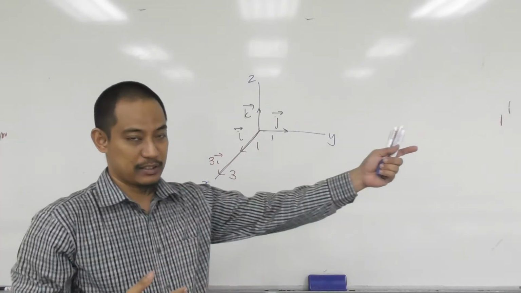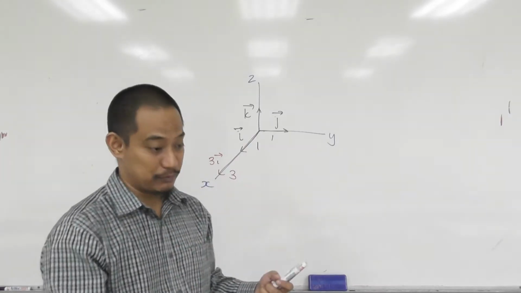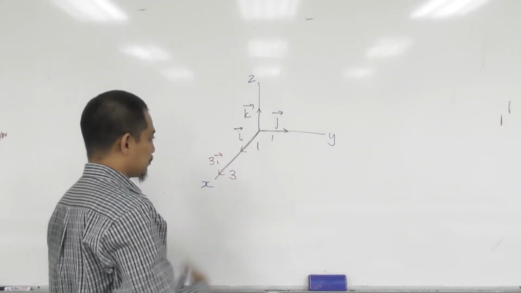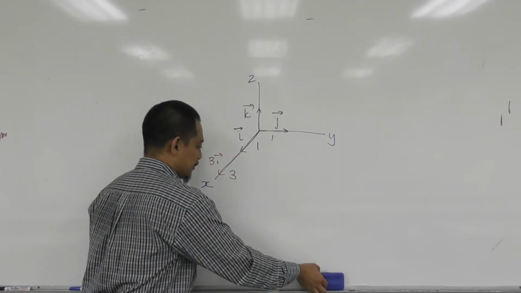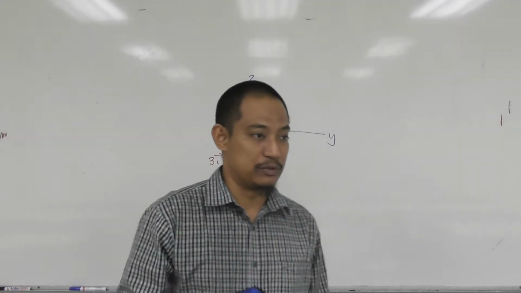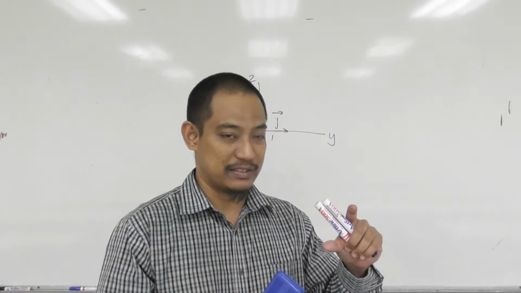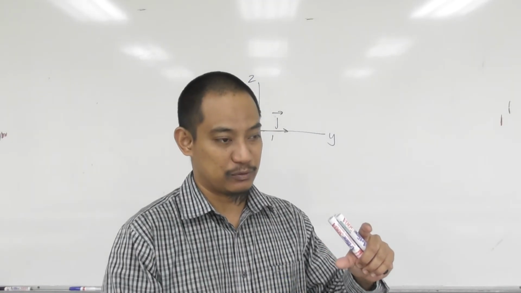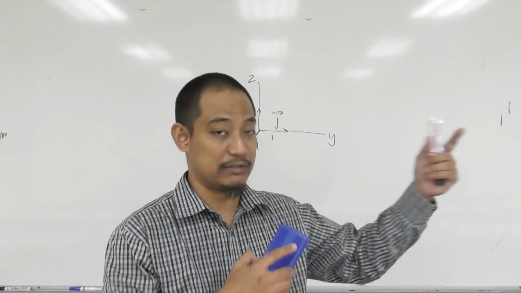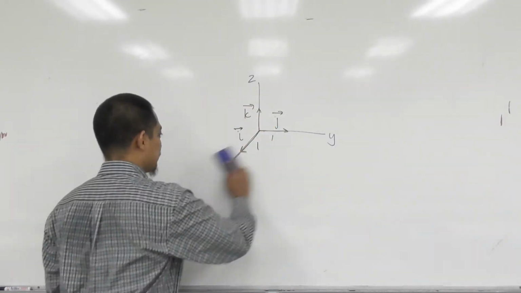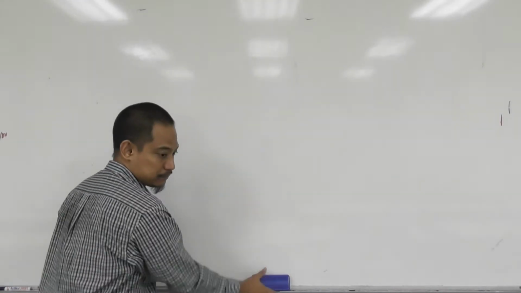When you have any magnitude there, you just multiply. So hopefully you understand that. That's why we always go to the unit vector first, because it makes it easy when we want to calculate the actual vector with any given magnitude.